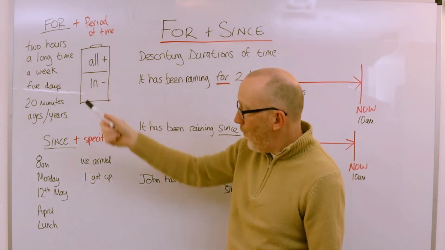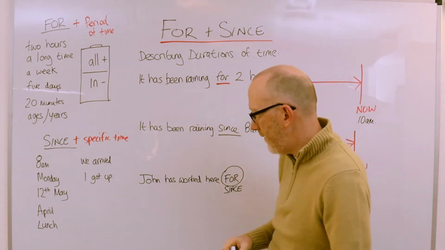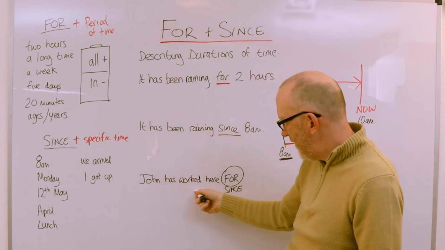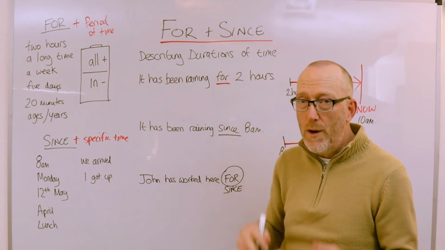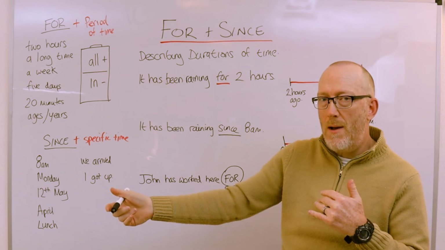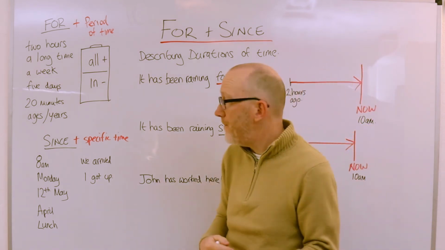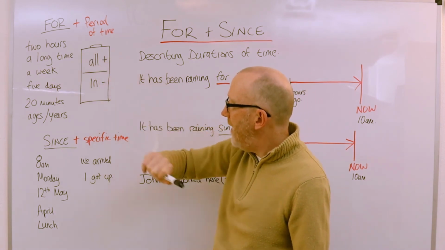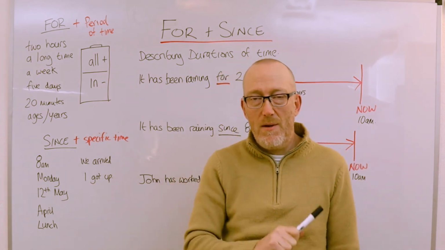Now, in we can use as an alternative, but only in a negative sentence. So John hasn't worked here in 10 years. He used to work here, but 10 years ago he left to work somewhere else. So all is an alternative for positive statements, in is an alternative for negative statements.